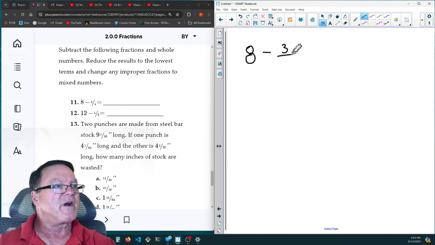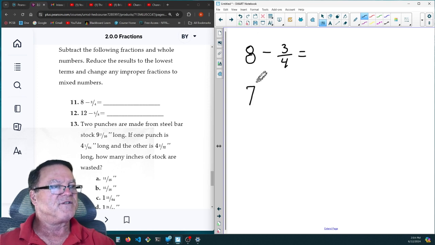So in order to subtract 3/4 from 8, I'm just going to take one of the ones away from it and make it 7 and 4/4. And that's equal to 1. So 7 and 4/4 is equal to 8 minus 3/4.